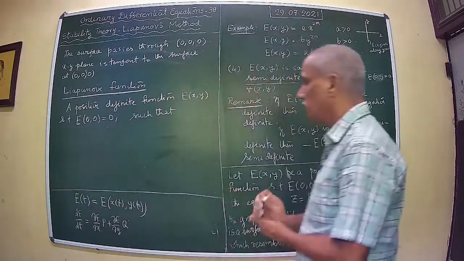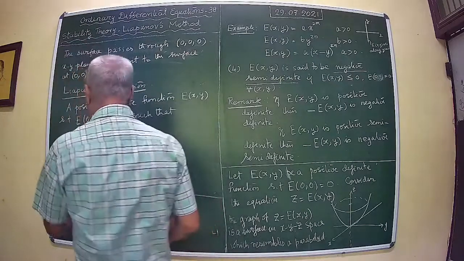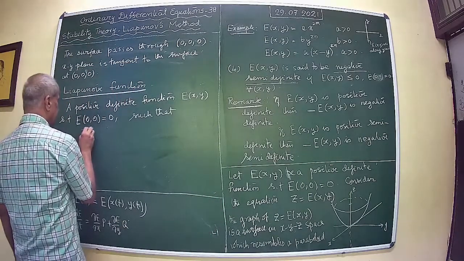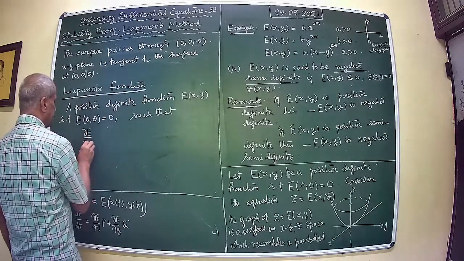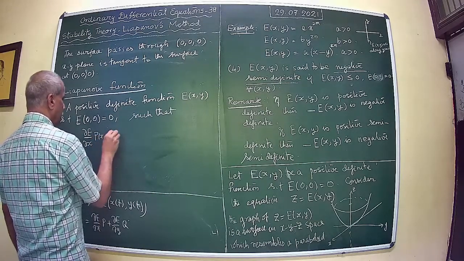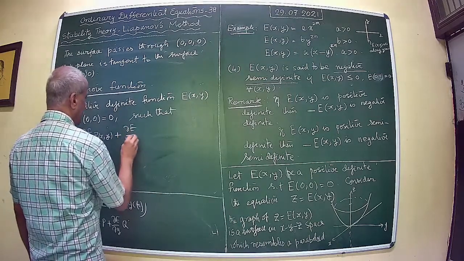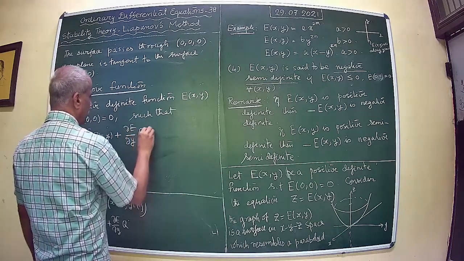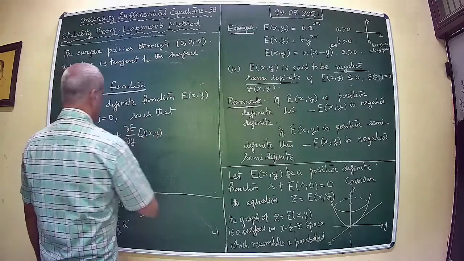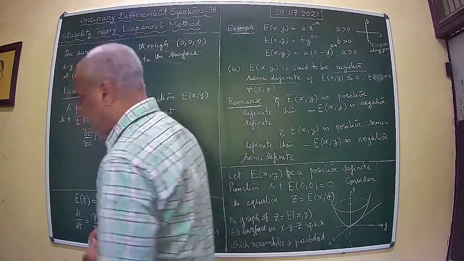Now, such that this particular expression, that is, dE by dx P plus dE by dy Q, is negative semi-definite.